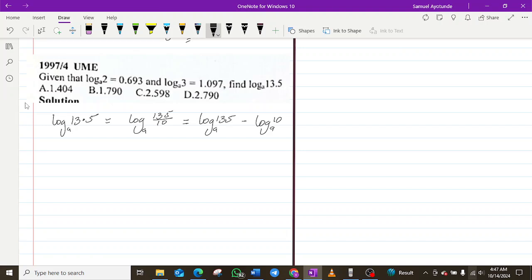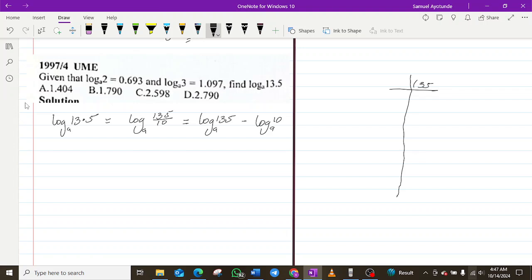We can break 135 down. Let me use a prime factor table to break 135 down. So I have 135. The number that can divide 135 is 5.